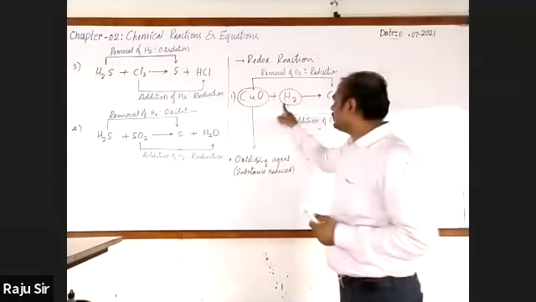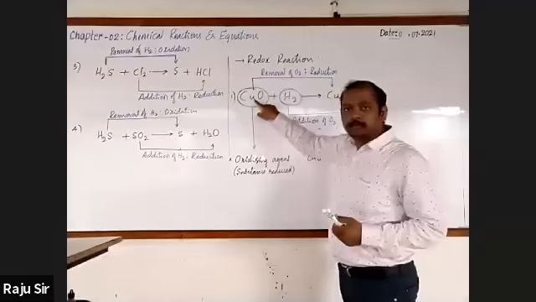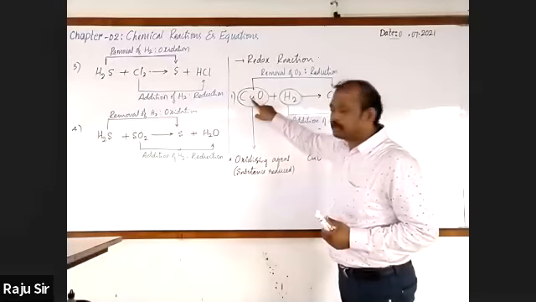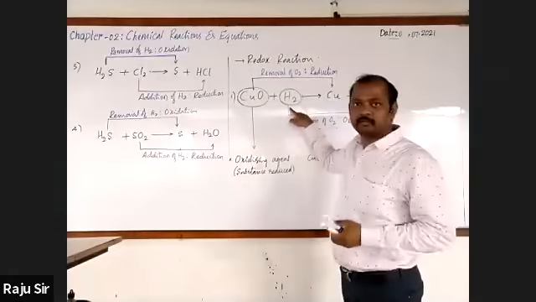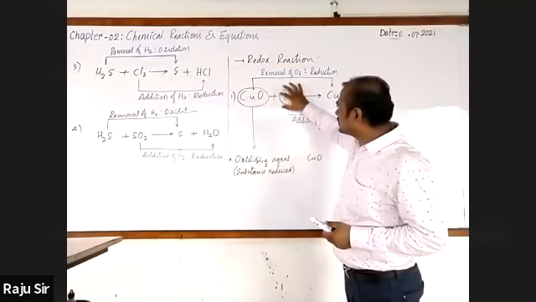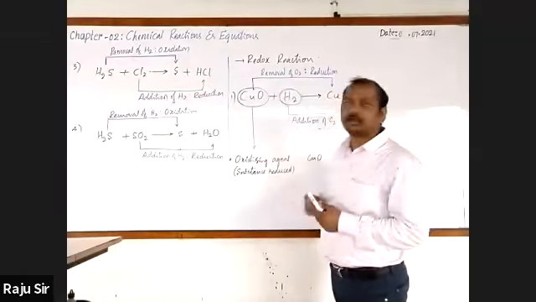Similarly, observe here. Oxygen is removed from the copper oxide. It is because of this hydrogen. So this is the substance which is responsible for removing the oxygen from copper oxide.